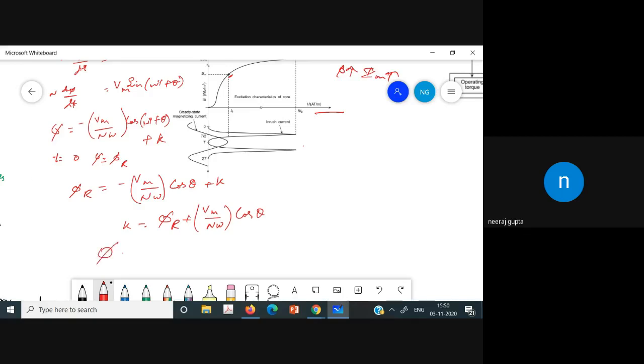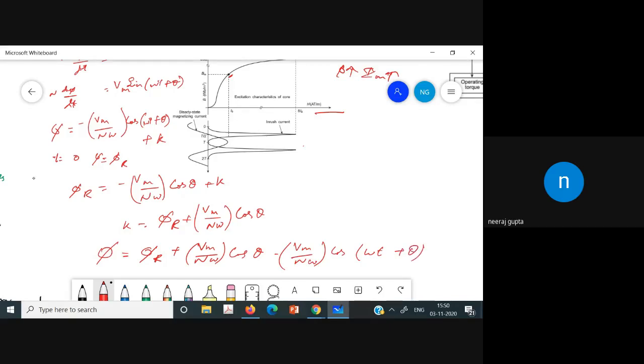So finally, we get phi equals phi r plus Vm by n omega cos theta minus Vm by n omega cos of omega t plus theta.